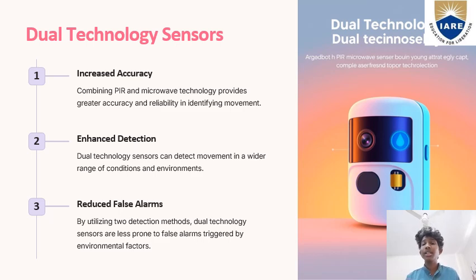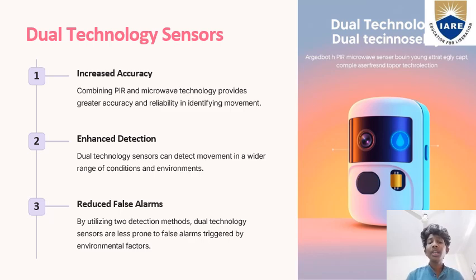Each sensor has its own detection zone, which may overlap or complement each other. The signals from each sensor are processed separately and then combined to detect the presence, distance, and speed of the object or person. The dual technology sensor triggers an alarm or activates a device only when both sensors detect the object.